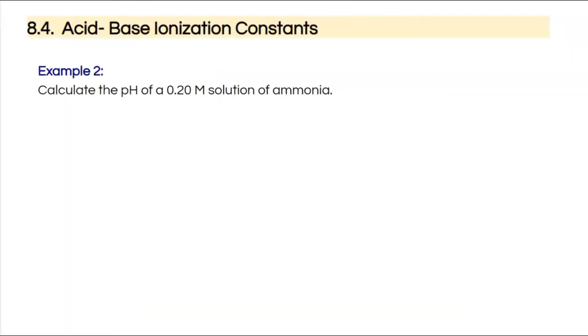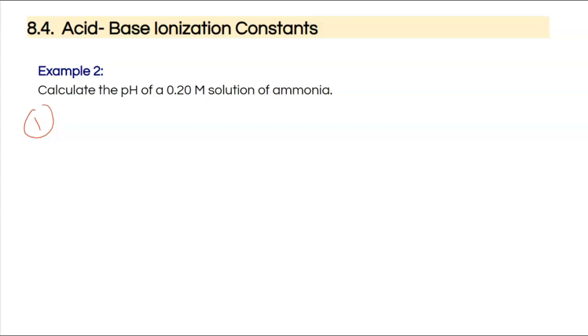Here it is. It says calculate the pH of a 0.20 mole per liter solution of ammonia. So go with this as far as you can and then resume the video when you're ready to take it up. Okay. I'm going to break this down into steps. I tend to like to start by writing out my reaction equation.